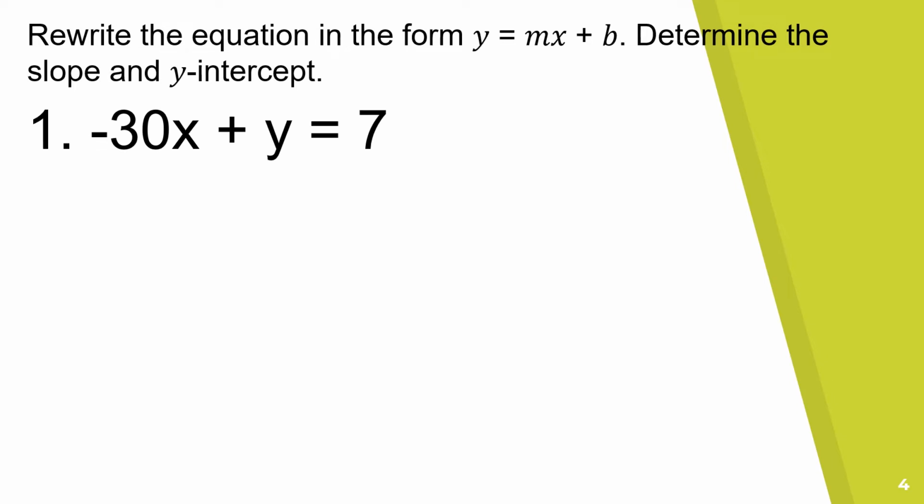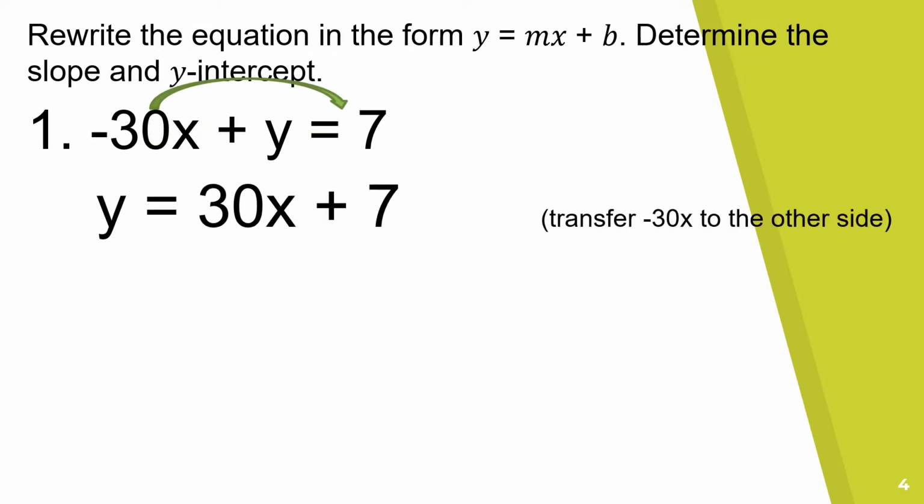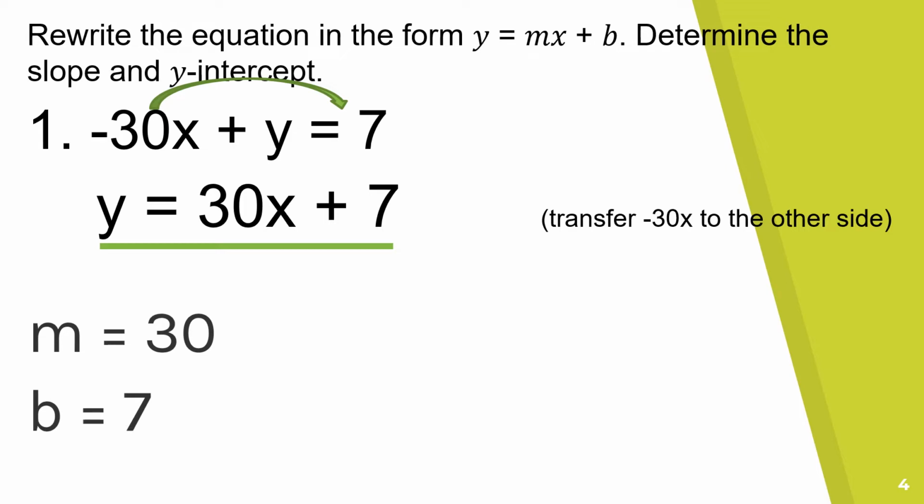What you're going to do now is to transfer negative 30x to the other side, so it becomes y equals 30x plus 7. So that is now your slope-intercept form. Your goal, class, is dapat y na lang maiwan sa left side. Alright? So, that's the slope, 30, y-intercept, 7.